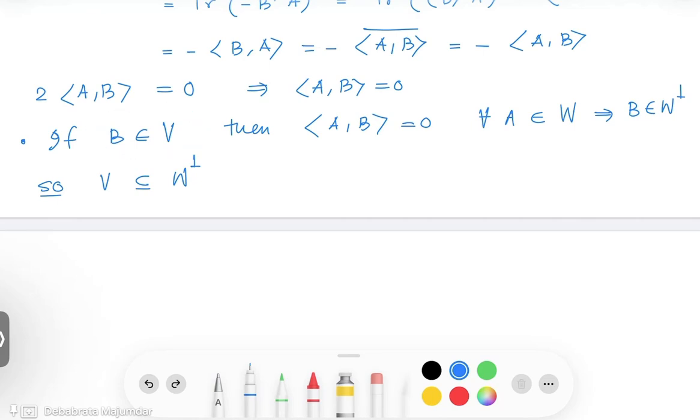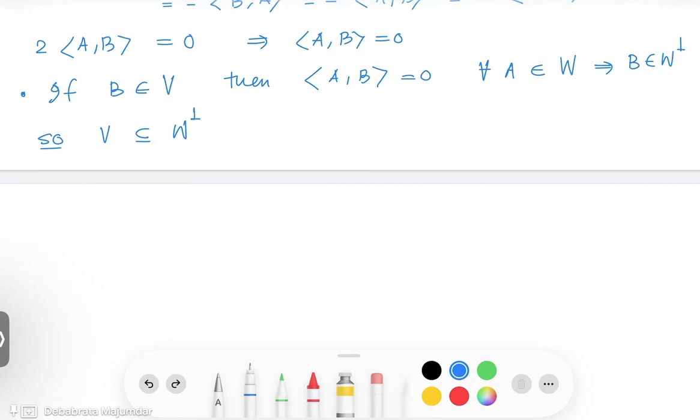I am taking an element from V, and basically it belongs to W perp. So V is a subset of W perp. Now I want to see, is W perp a subset of V?